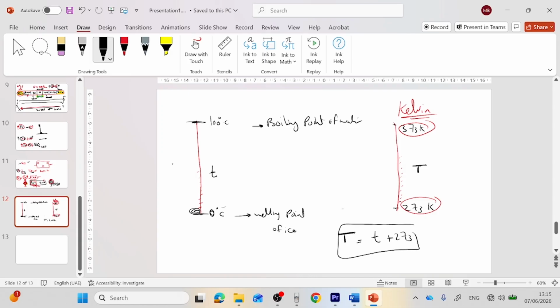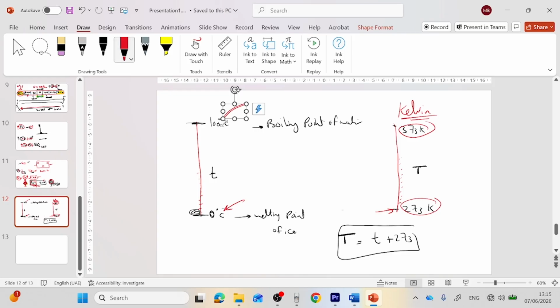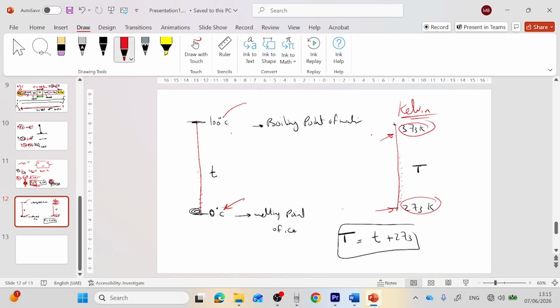Because if you add 273 to 0, you get 273. If you add 273 to 100, you get 373. So if you are given the temperature in Celsius and you want to convert it into Kelvin, you take the temperature in Celsius and add 273 to it.